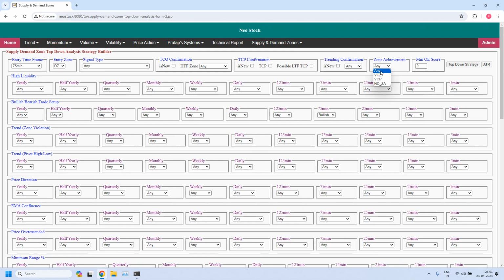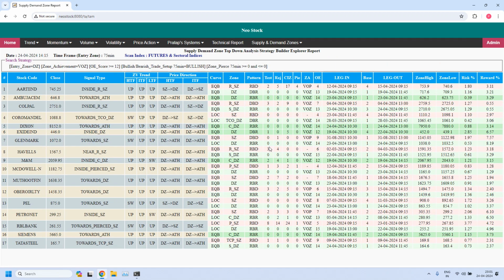Next, zone achievement should be violated opposing zone, and minimum odd enhancer score for your 75 minutes demand zone should be 12. So now 17 stocks are filtered. These 17 stocks are supporting bullish trade setup for weekly income trade. Check if any of these stocks are near to the zones, then you can plan the trades.